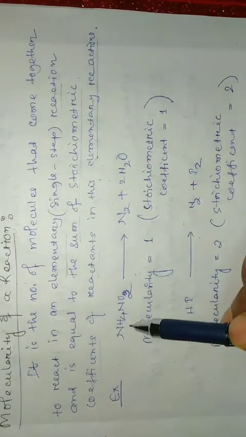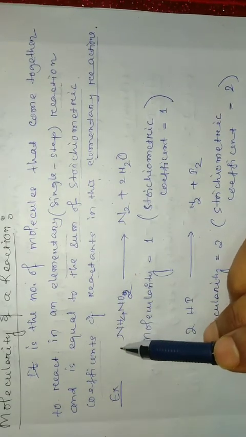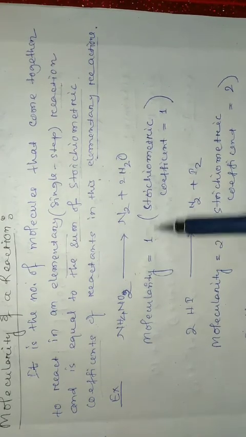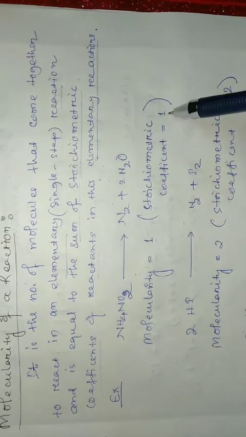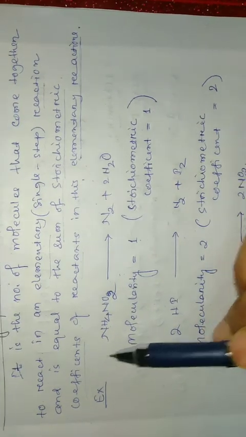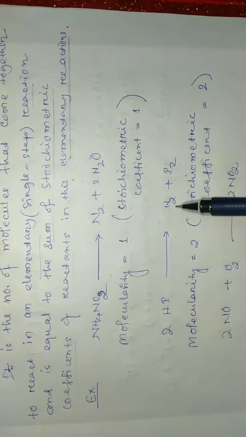For example, this is a reaction of ammonium nitrite. How many molecules? 1 mole. So the molecularity of this reaction is how many? 1. So the stoichiometric coefficient for this reaction is also 1, because ammonium nitrite is how many moles? 1 mole. So it is an example. Hydroiodic acid produces hydrogen and iodine.